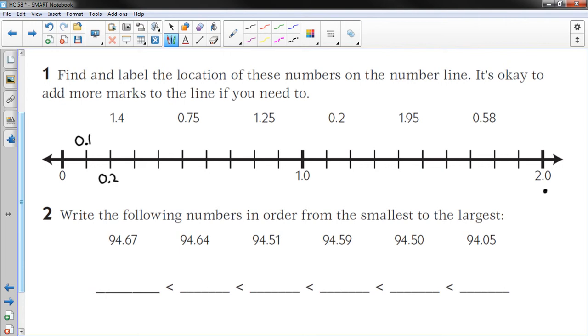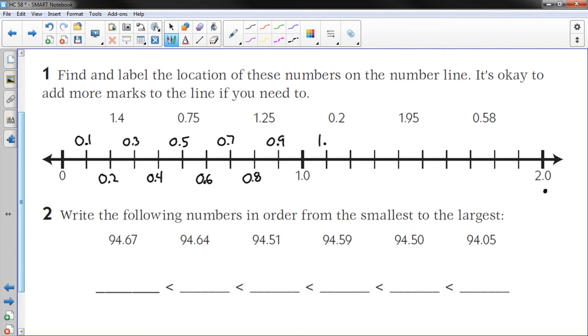That's 2/10. I'm going to go up here. This is 3/10. This is 4/10. This is 5/10. This is 6/10. This is 7/10. This is 8/10. This is 9/10. That's one whole.